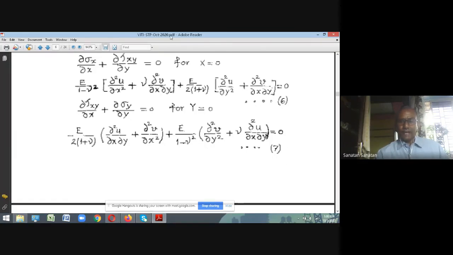I want your attention. The first equilibrium equation is converted into equation 6, and the second into equation 7. Look at these two equations.